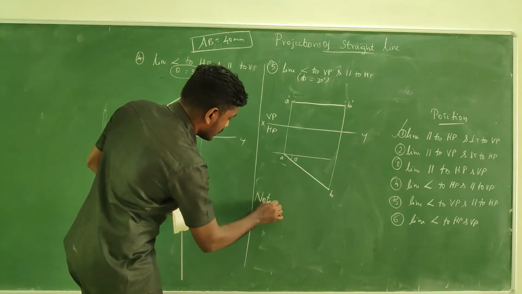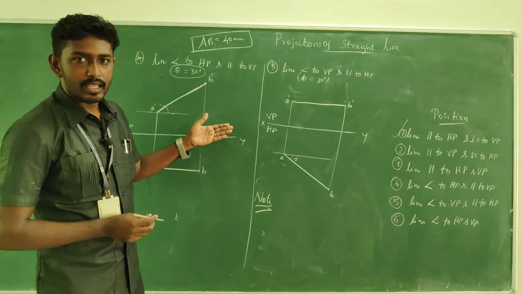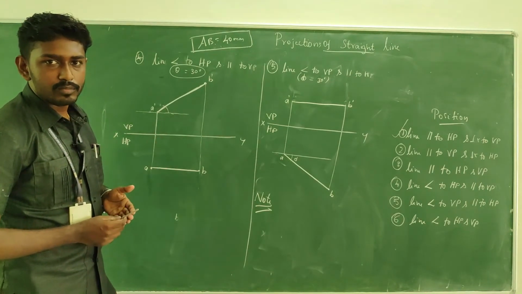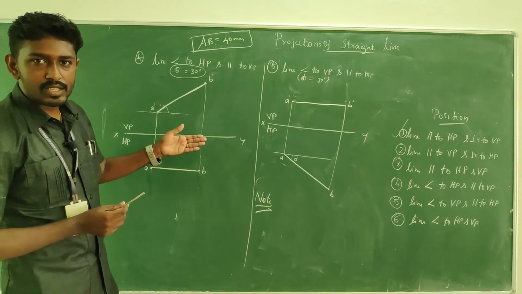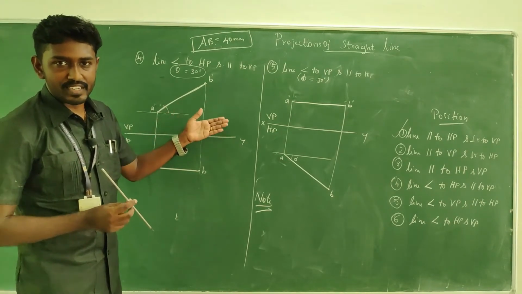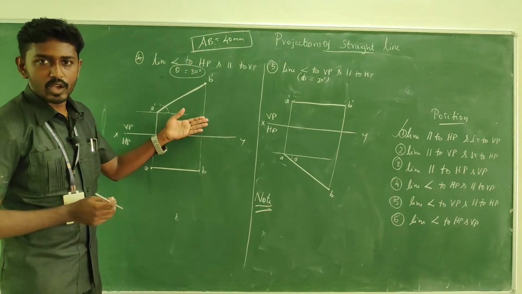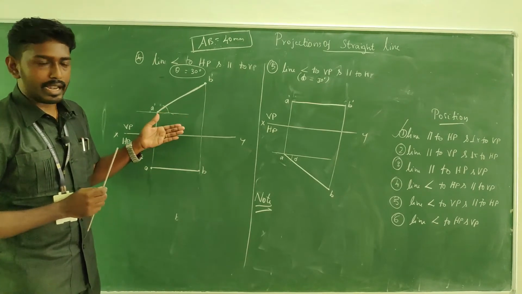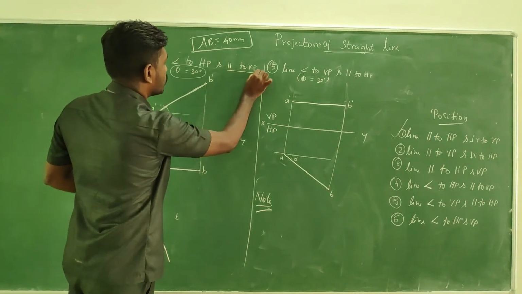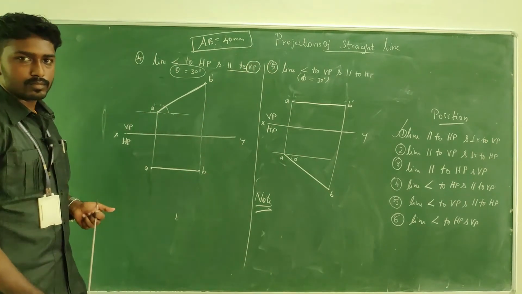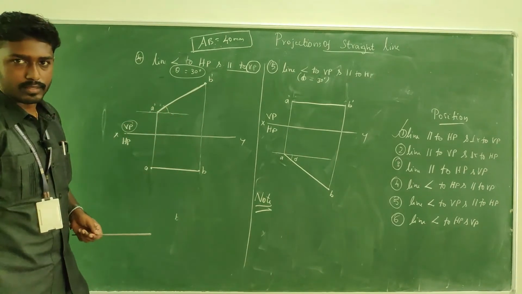Note that the true length is always seen where the line is parallel to a reference plane: that same plane shows the true length of the line, right? Here the line is parallel to VP, and in the VP plane you are able to see the true length.